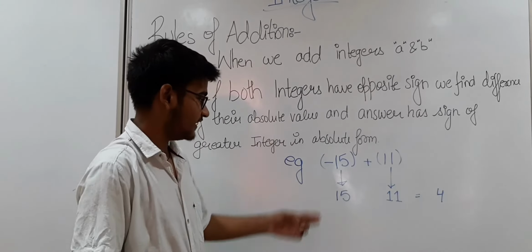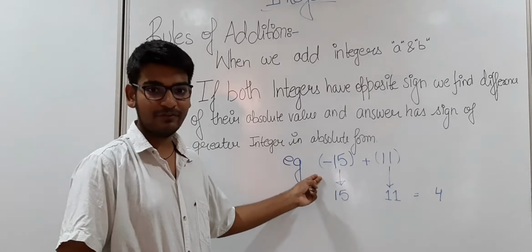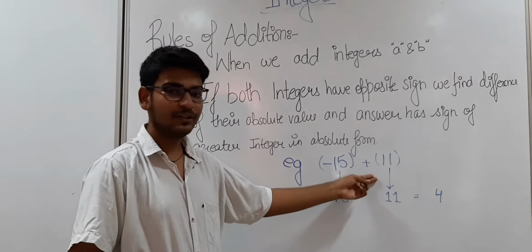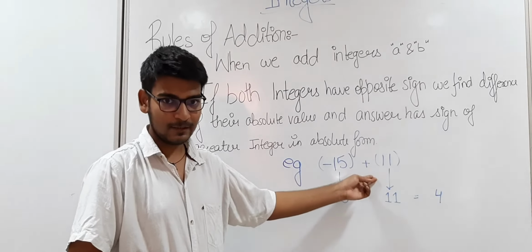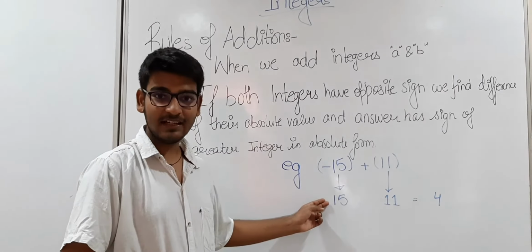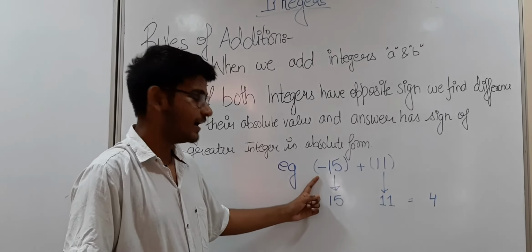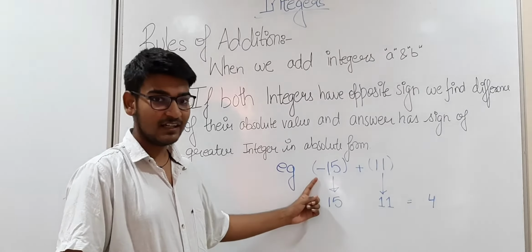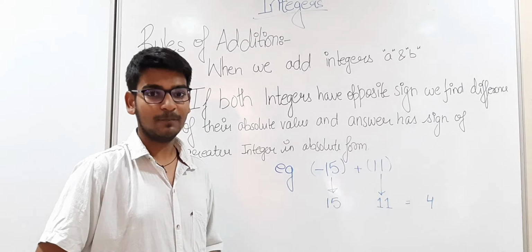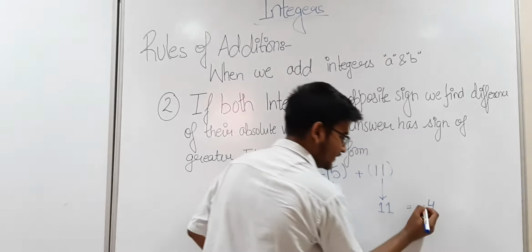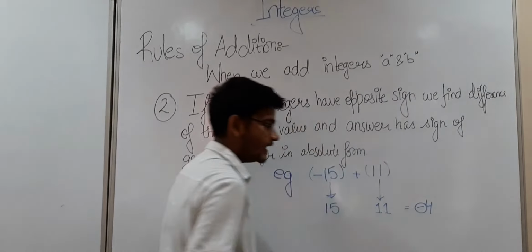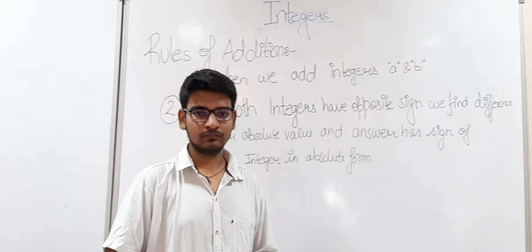Now, since the absolute value of minus 15 is greater than the absolute value of plus 11, we will take the sign of minus, as the minus number has the absolute form greater than the absolute form of the positive number. So we will take the minus sign. So our answer will be minus 4.